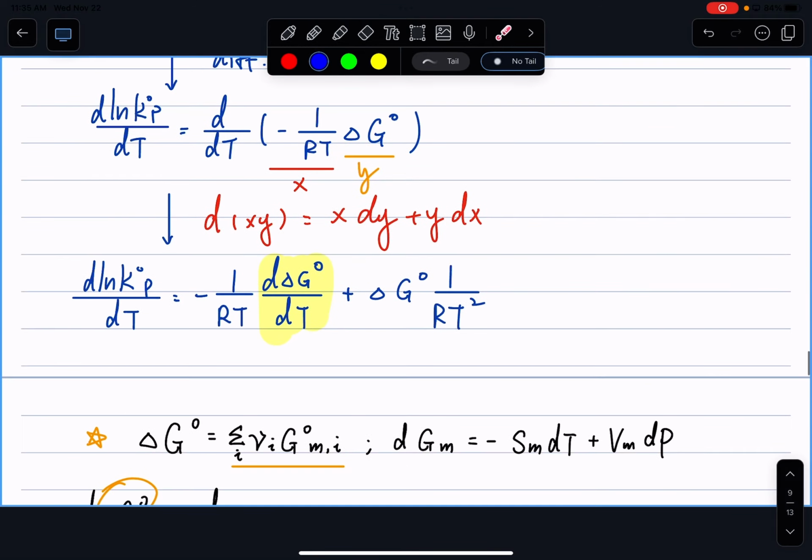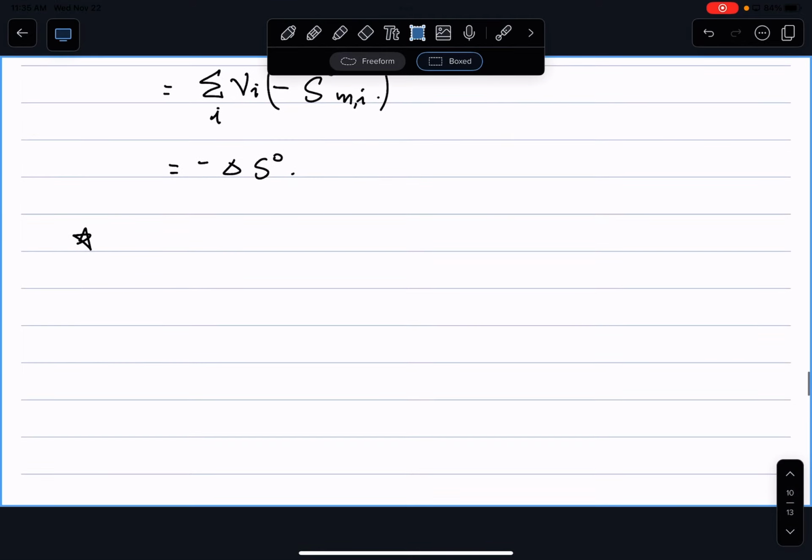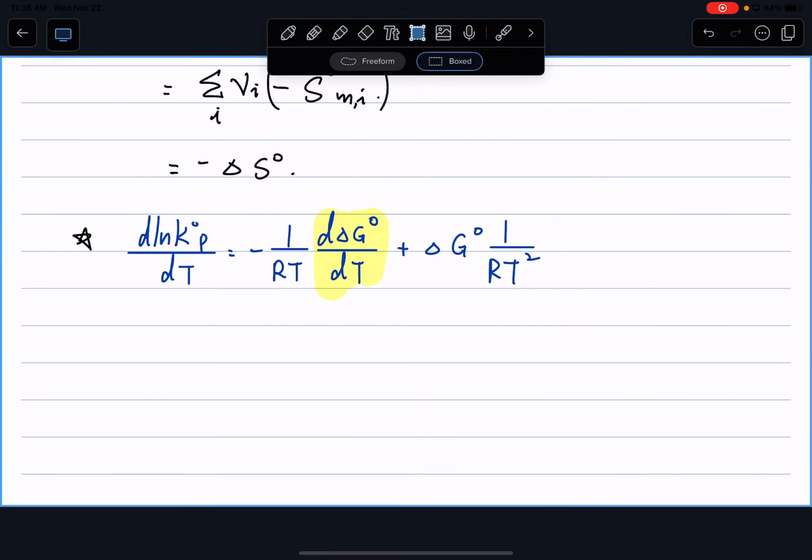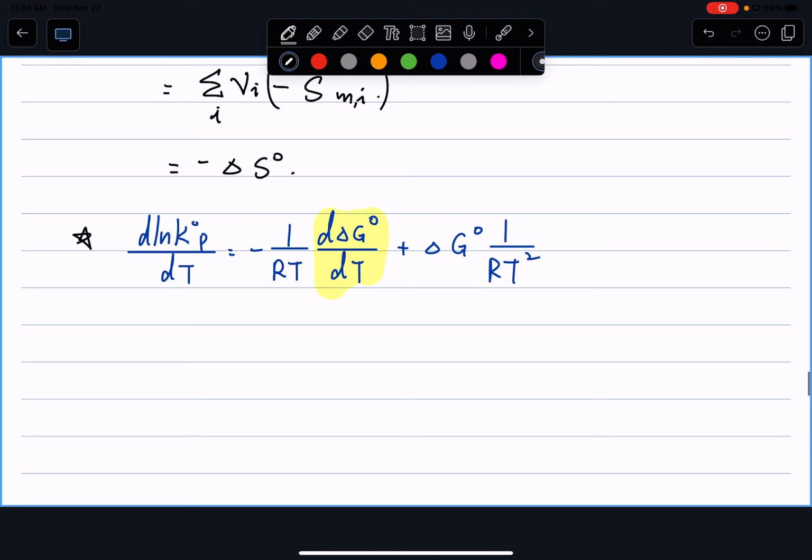With this in hand, the expression of the temperature dependence of the equilibrium constant becomes something we can write out. This one is negative 1 over RT times the negative entropy change of the reaction, plus delta G naught over 1 times 1 over RT squared.